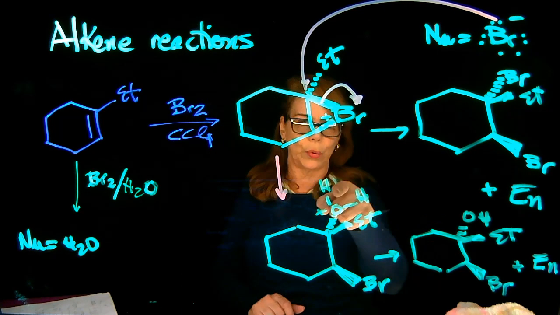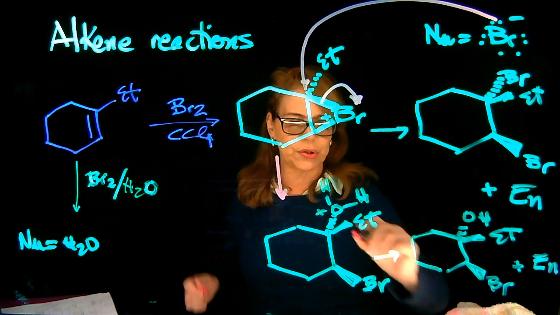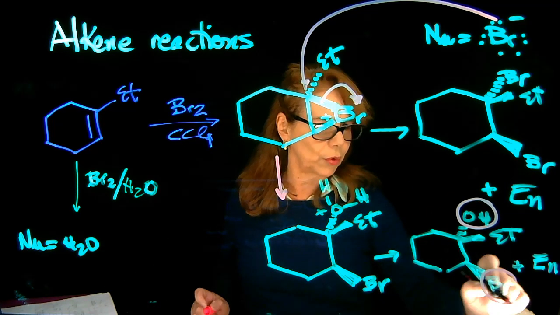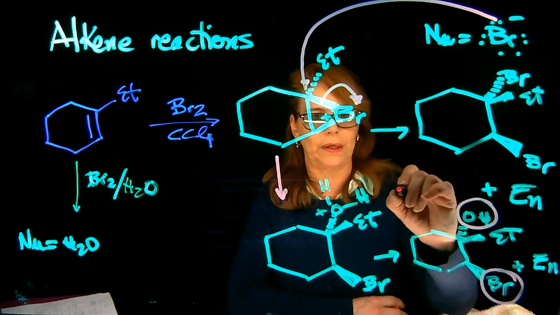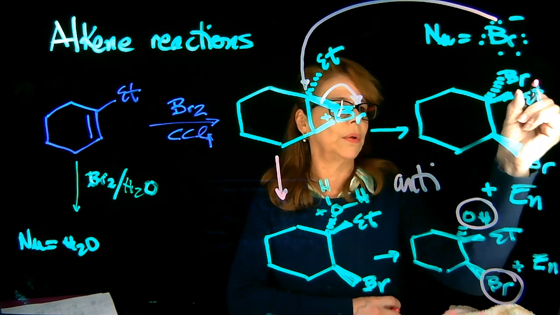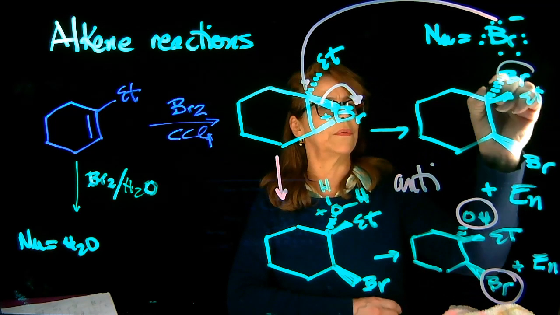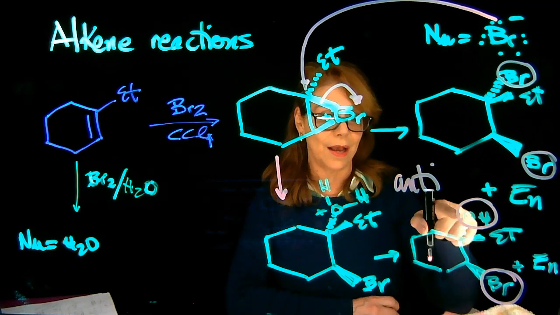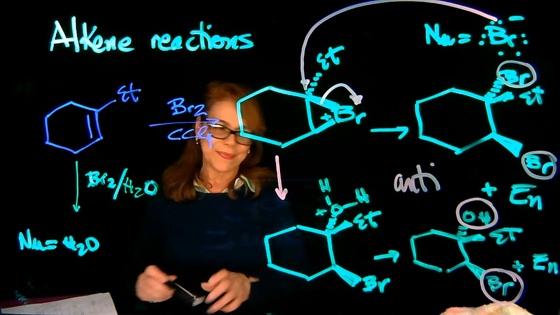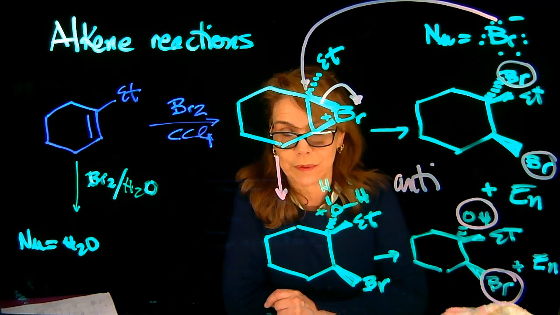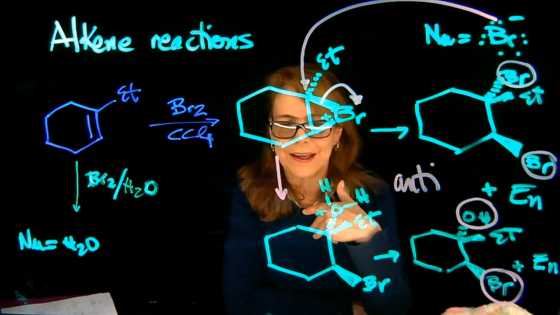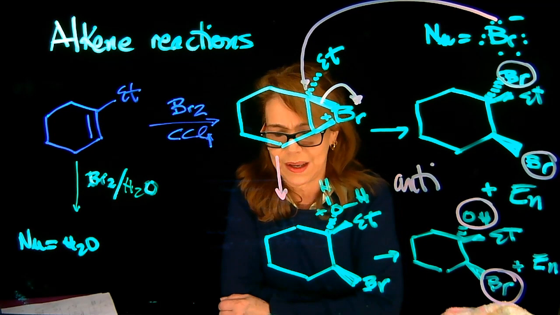So you end up with, notice the final position of the nucleophile and the bromide, they're on opposite sides, so it is anti. Both reactions are that way, but here we have a different nucleophilic attack. So we will do more problems revisiting and reviewing, contrasting and predicting products of alkene reactions.